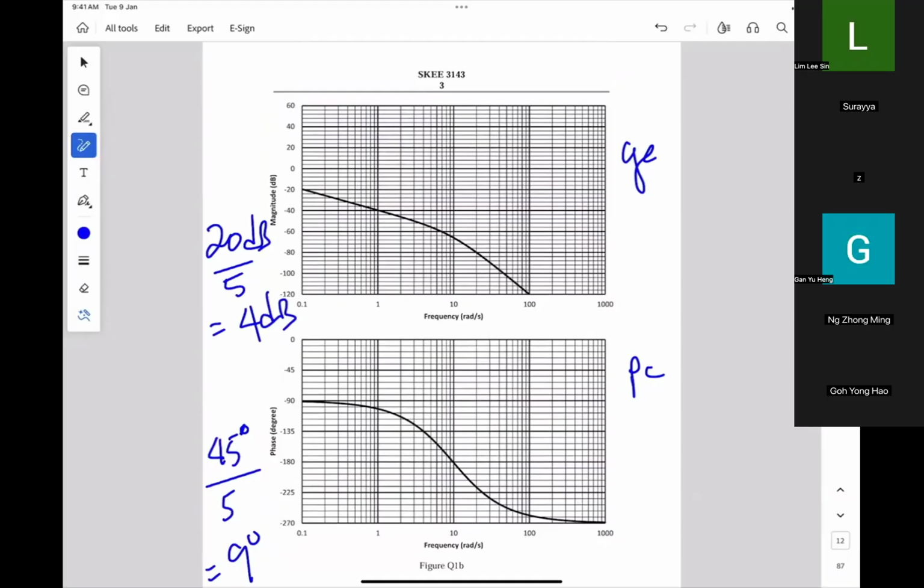Okay. So now we try to find the minus 120. Minus 120 actually, where is it? It is at 135. 126. It's between here. I think it's about here. Okay.